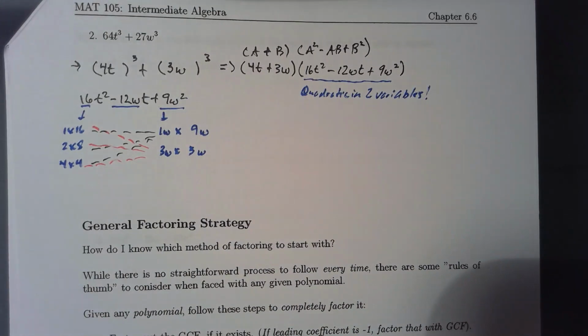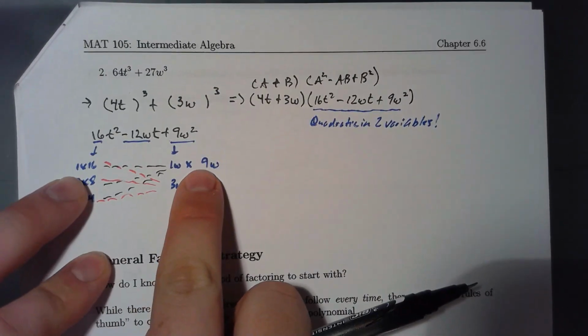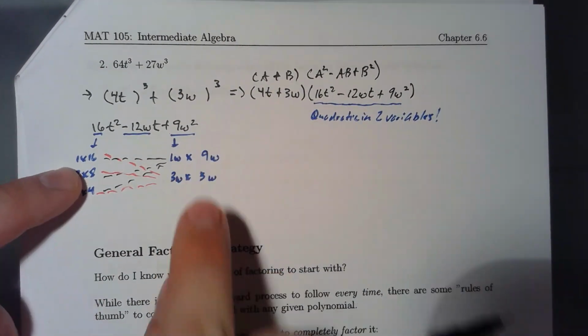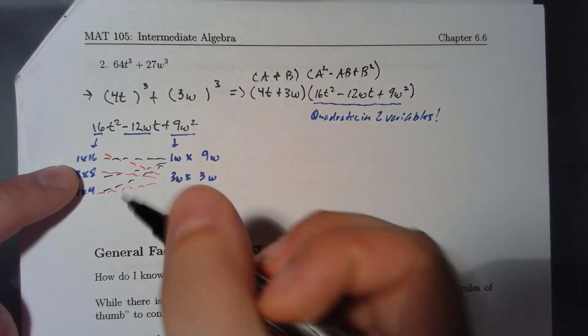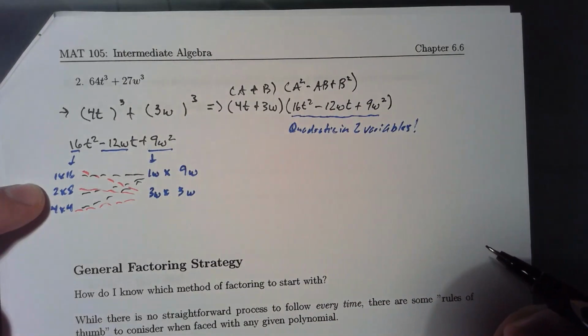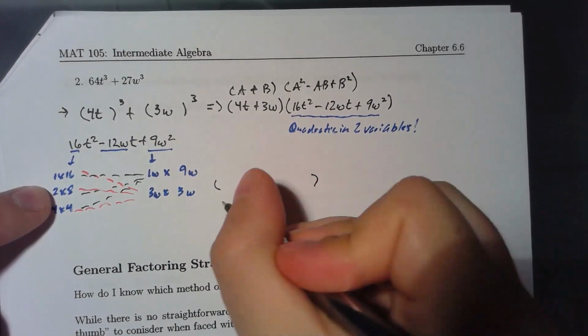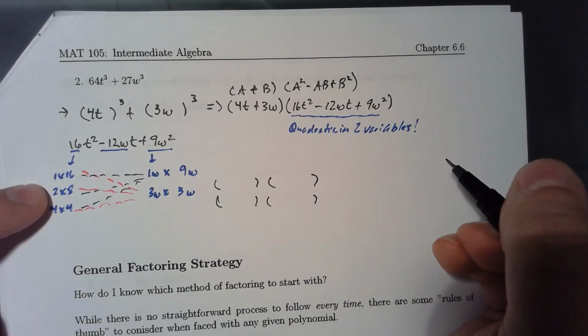So let me list out the possibilities here. So the first pair is going to be what? I'm going to have a pair here and a pair here, right?